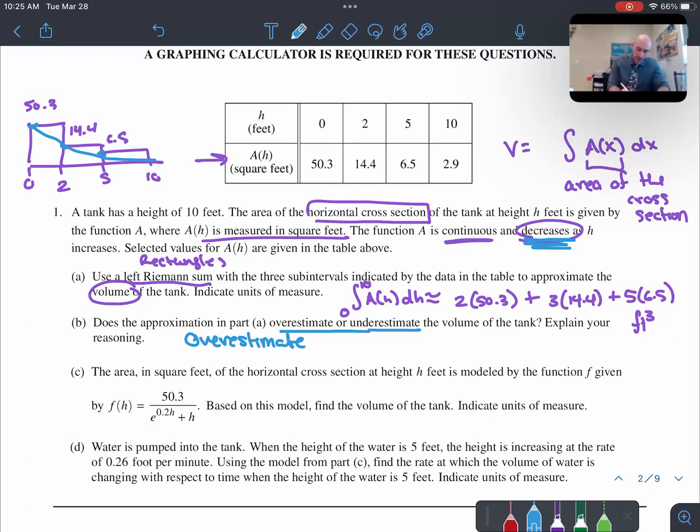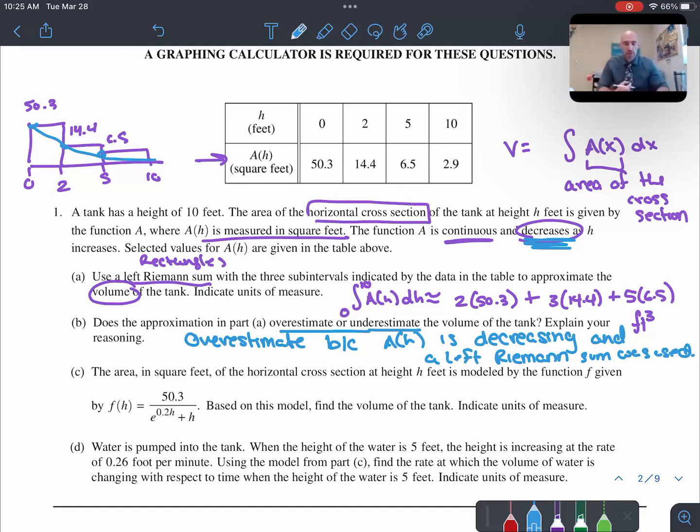And so I'd say overestimate because A of h is decreasing, and a left Riemann sum was used. Maybe don't need that last part, but I always like to include it.